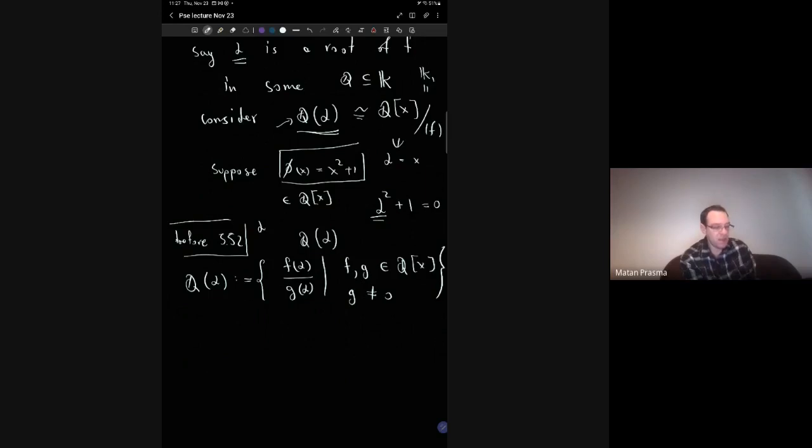Of course, you can add two things together. If you have f(alpha) modulo g(alpha), and you want to add to it f'(alpha) modulo g'(alpha), then you do what you know from elementary school.